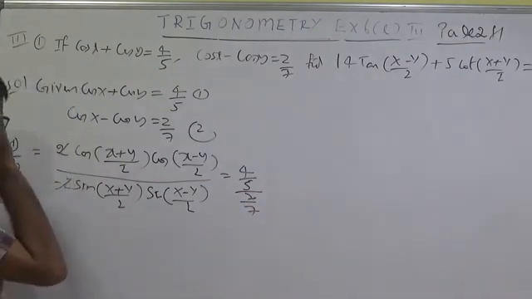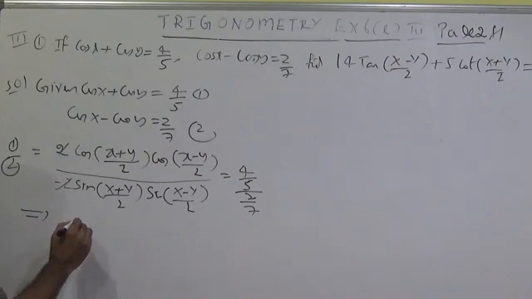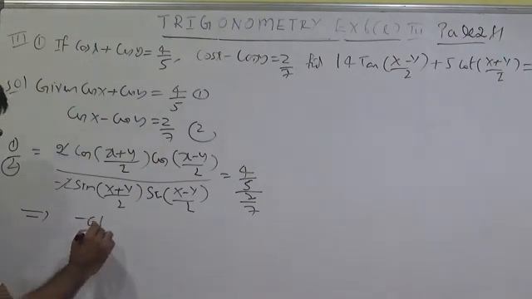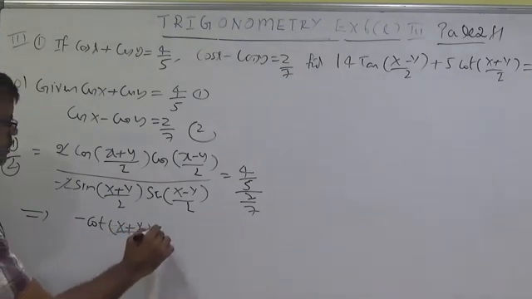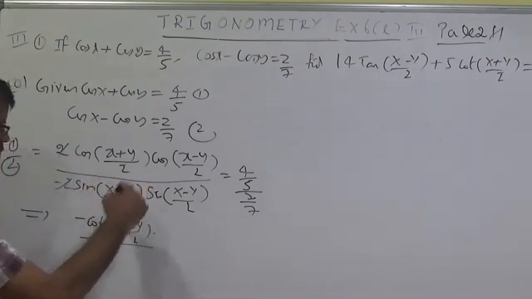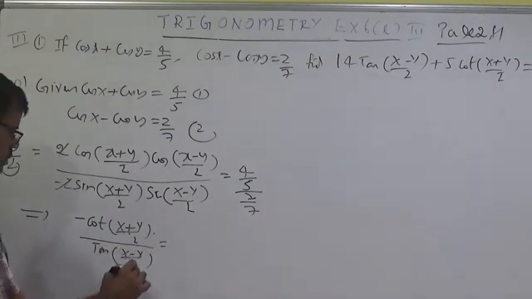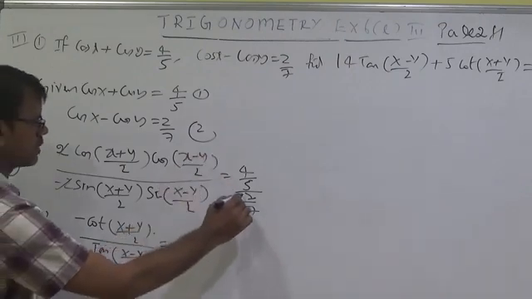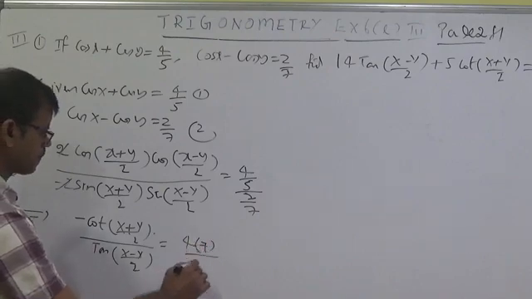Here 2 gets cancelled. That implies cos by sin becomes minus cot, minus cot of (x plus y) by 2 into, again cos by sin can be written as cot, so 1 by cot becomes tan. Write like this: this is tan of (x minus y) by 2 is equal to 4 into 7 by 5 into 2.